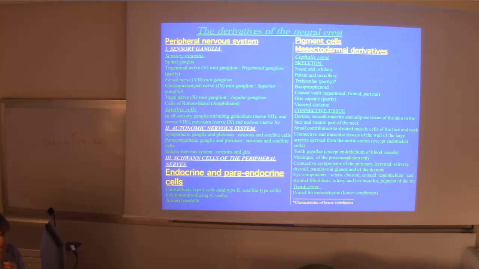And the third branch, which is a very important one, what I call the second brain, is the innervation of your intestines, of your entire digestive system. This is also coming from the neural crest.